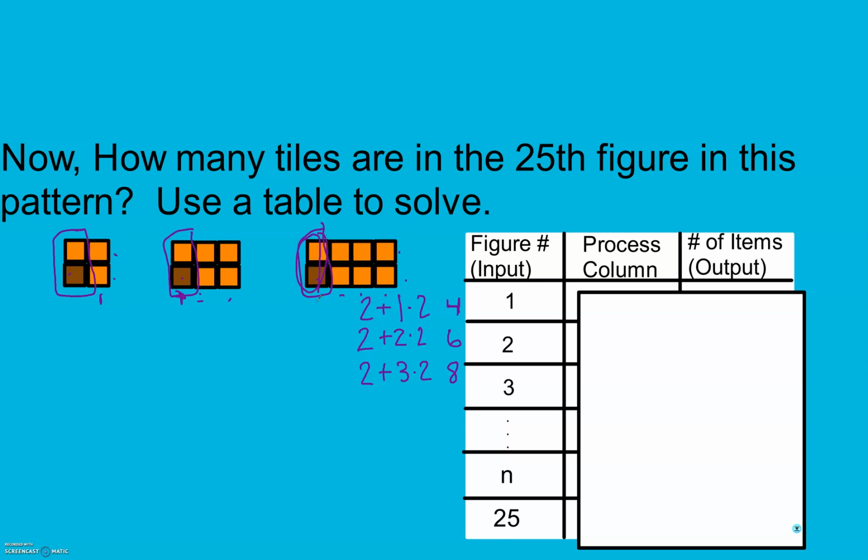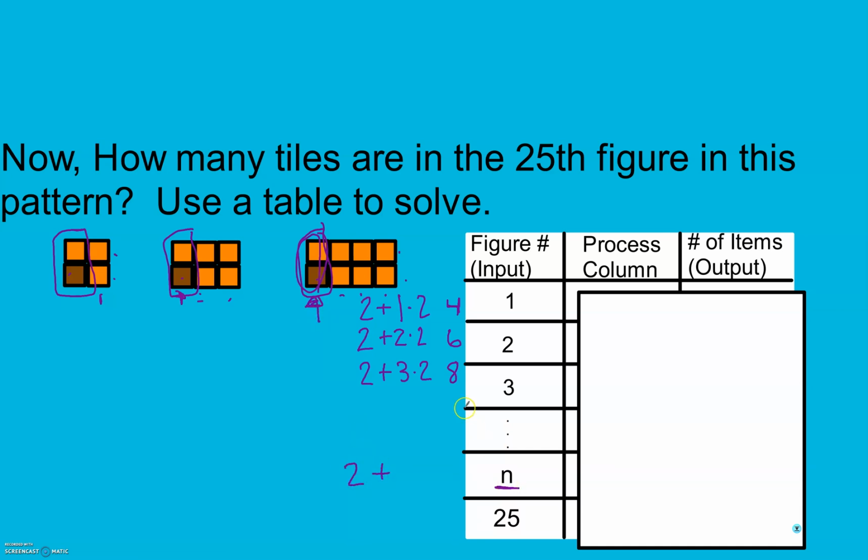Seems to work. So, to come up with a pattern that would work for any figure, we don't necessarily want to draw out the 25th figure. We sure could, but that's going to take some time and paper and pencil and work. So let's work smarter rather than harder. We know that these 2 are going to stay the same every time.